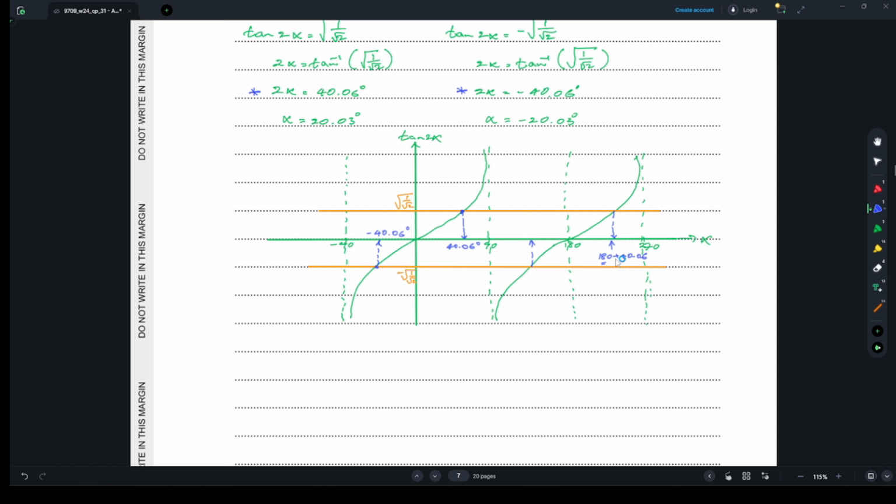Let's keep this one. And then for the second place, these are from the downside. Previously you had minus 40, and here we go forward, so you have to add another 180. So 180 minus 40.06.